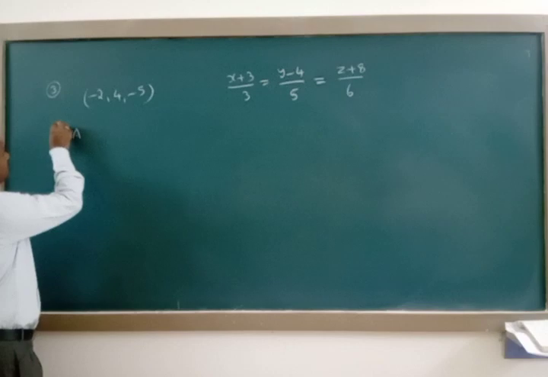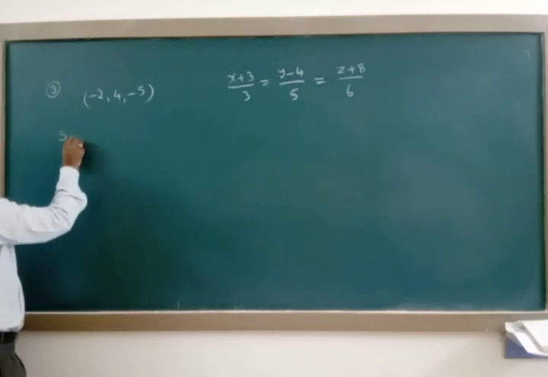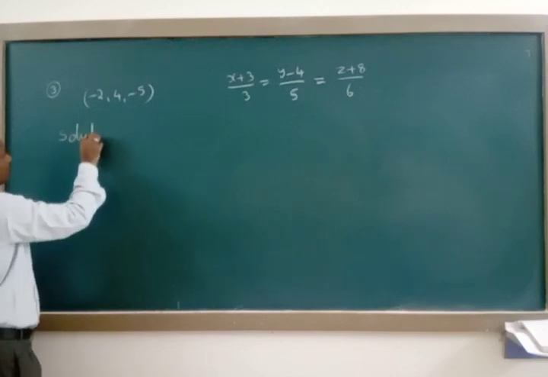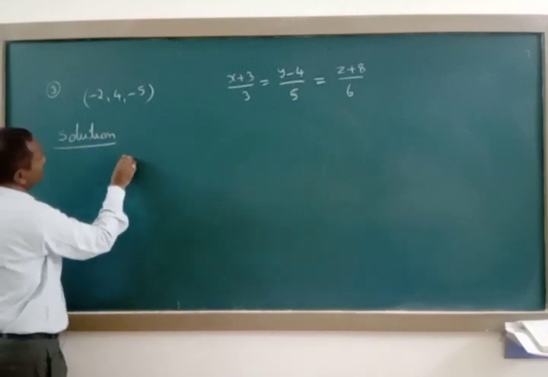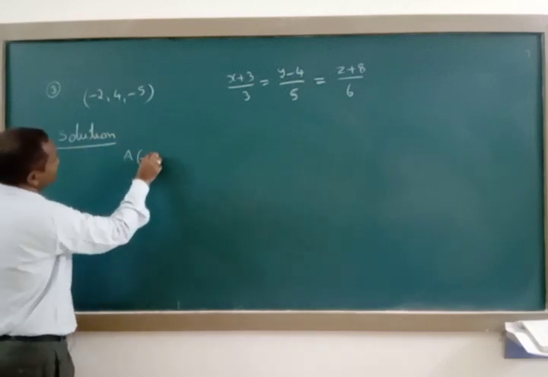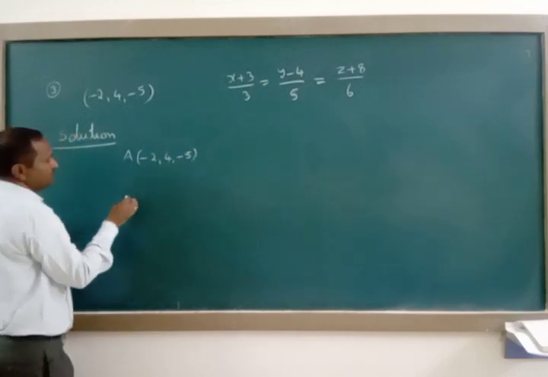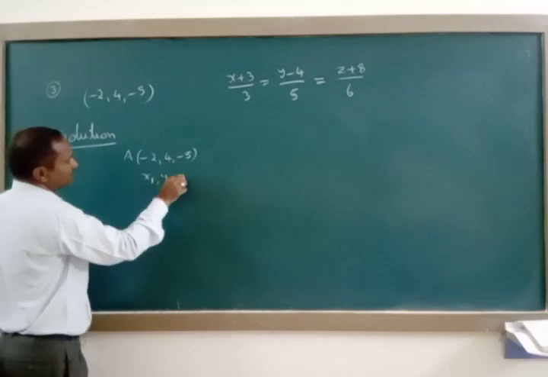The solution for this question: let the given point be capital A (minus 2, 4, minus 5). We consider it as x1, y1, z1.